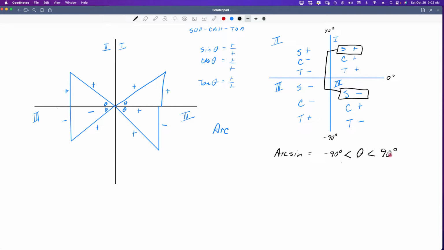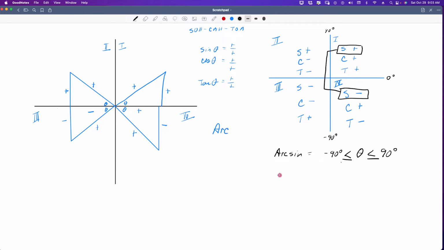So it has to live in between these two. And is it equal to? That is the question. Yes, it is inclusive. So it could be negative 90 or it could be 90. It could go anywhere from this line all the way around to this line.